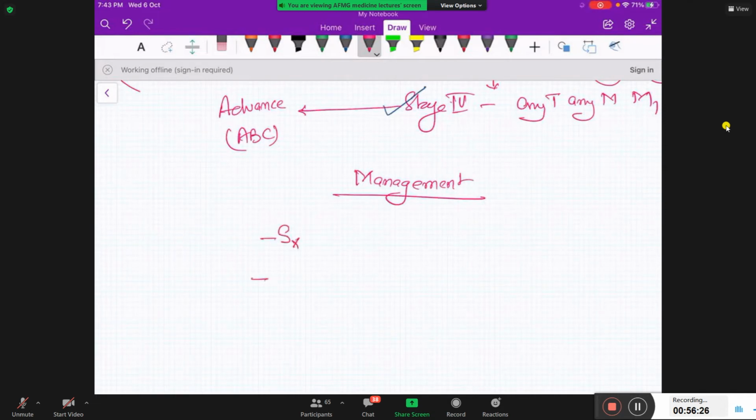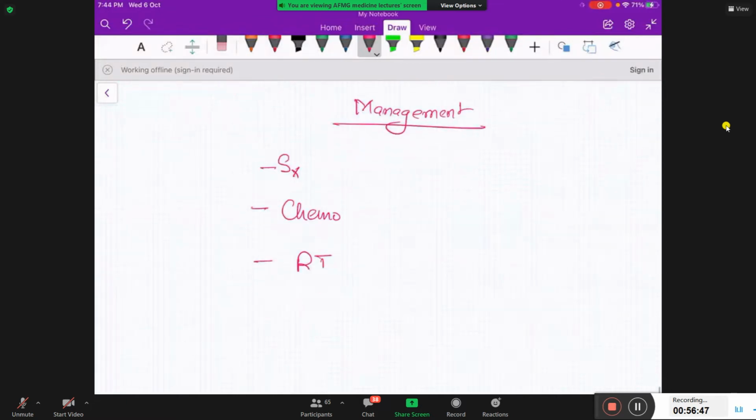We have the option of chemotherapy. We have the option of radiotherapy.